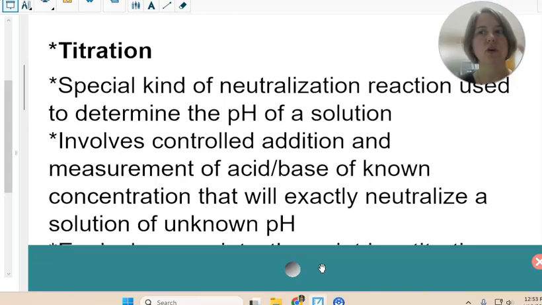So you have something you don't know its pH, and then you have something where you do know its pH, and so you put in the exact amount to neutralize it, and then you can figure out what was the pH of that other solution.